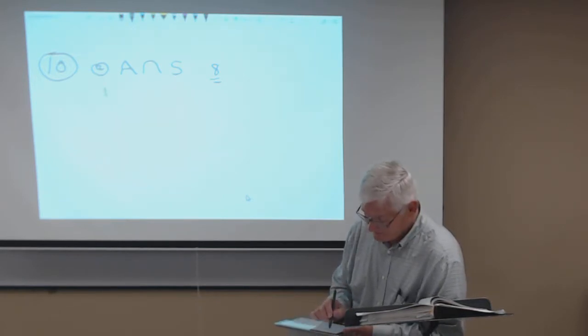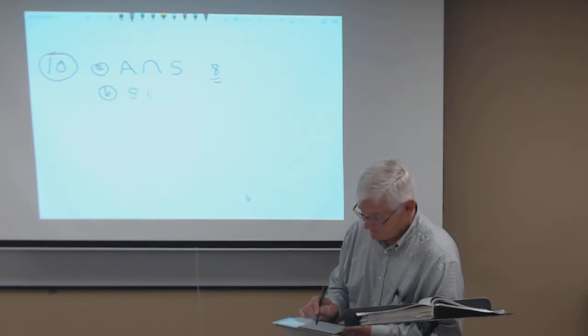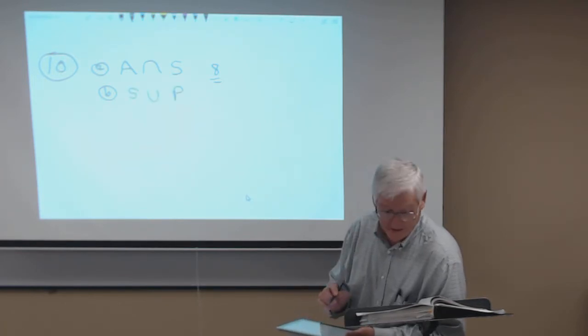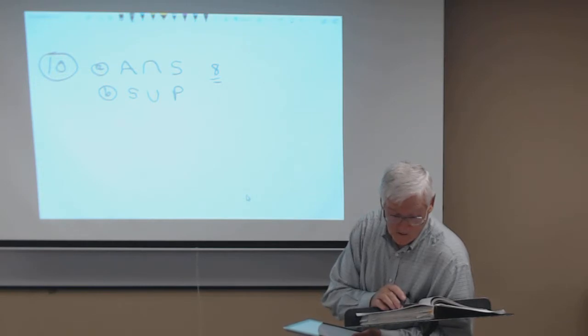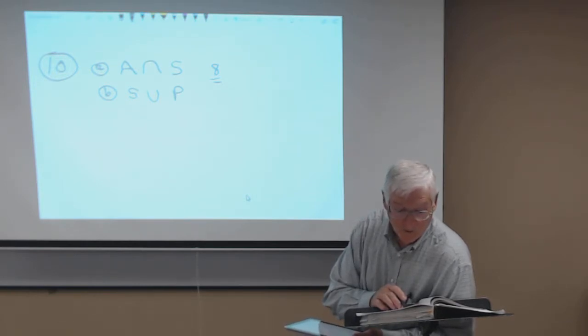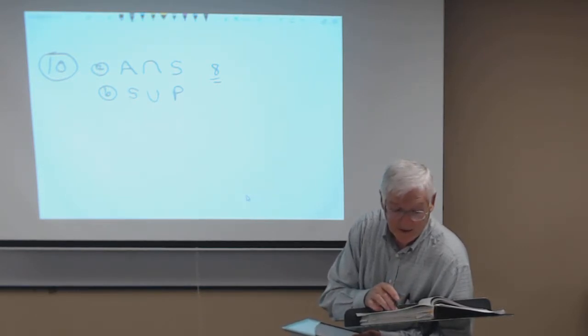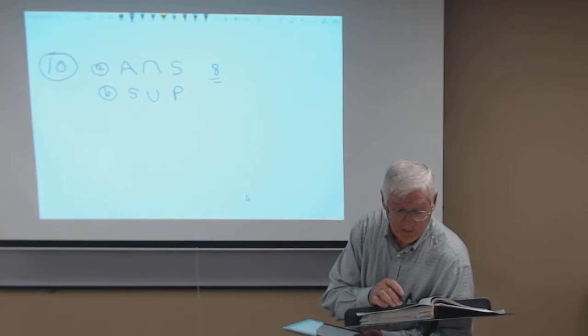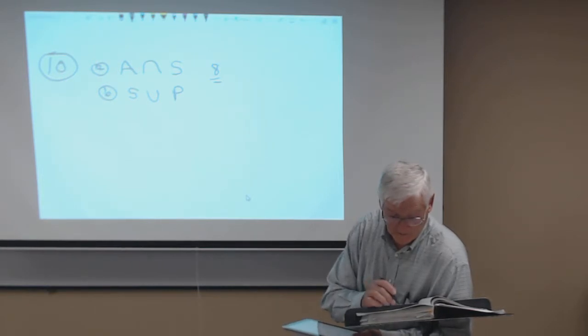B. What does that say? S, go to the S row and unite that with the P row. So how many people in S? 56.